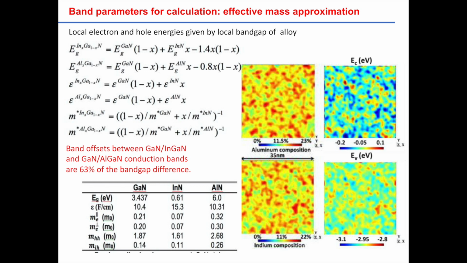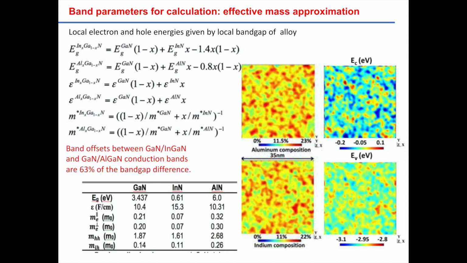The band gap varies with indium composition x as a balance between the band gap of gallium nitride and the band gap of indium nitride, and it's not a linear relationship with composition, it is a quadratic relationship. We call the factor in front of the quadratic term the bowing parameter. And again, the bowing parameter is an ill-defined quantity, but let's admit it does exist.